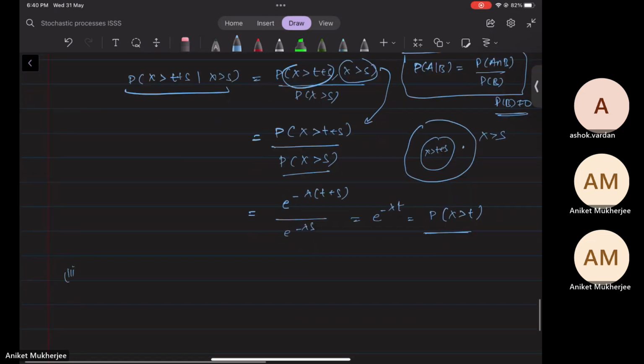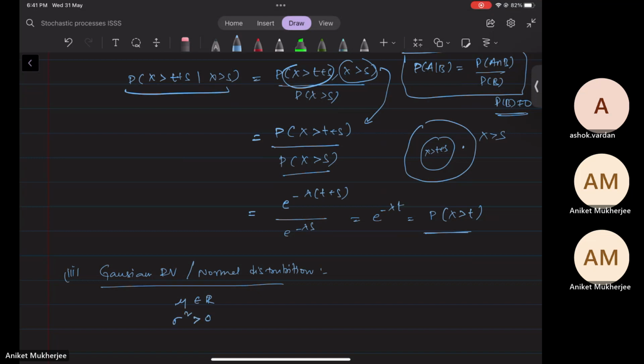The third one is a random variable which you all know, which is Gaussian, or what we call the normal distribution. So how is it parameterized? It is parameterized by mu, the mean, and the variance sigma squared, which is greater than 0.